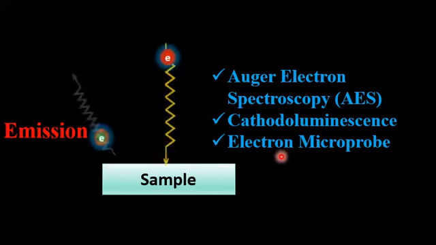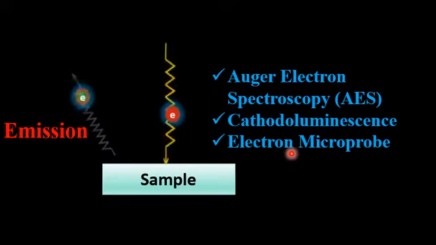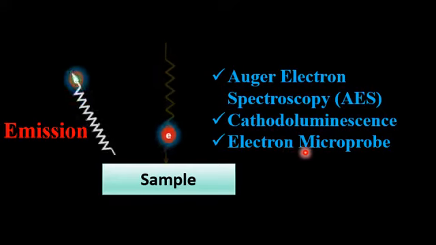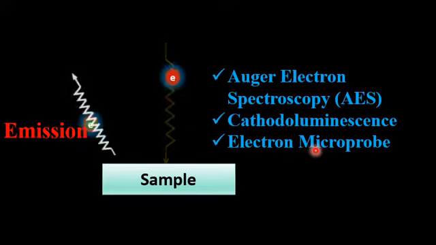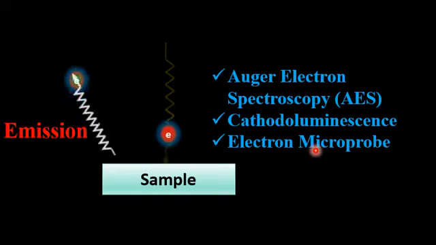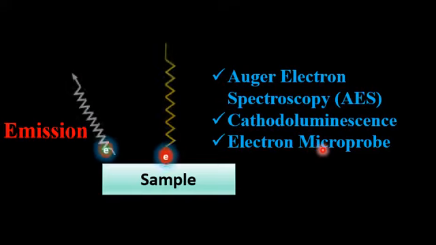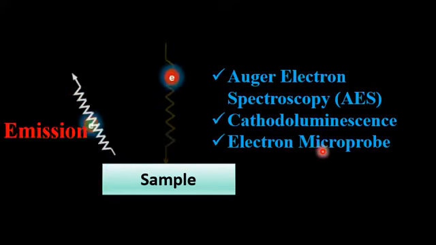So in simple words, the electron probe microanalyzer, or electron microprobe analyzer, is an analytical technique which is based on emission of electrons or electromagnetic radiation, used non-destructively to determine the composition of a small volume of a sample surface.